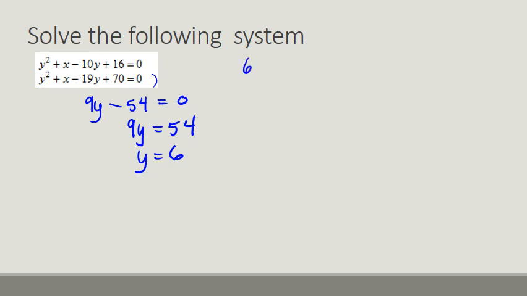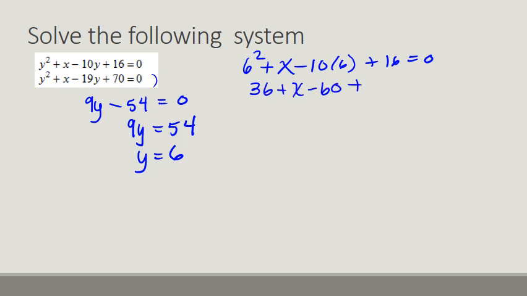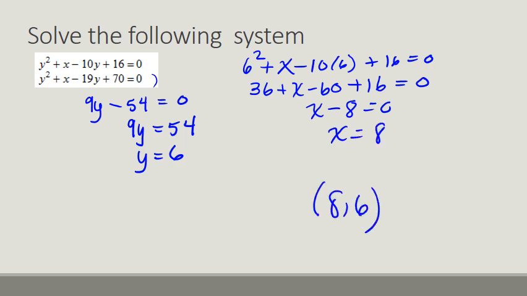So I get 6 squared if I put it in the first one, plus x minus 10 times 6 plus 16 equals 0. So 36 plus x minus 60 plus 16 equals 0. If I combine my like terms, I'm going to get x minus 8 equals 0. So x equals 8, and my solution is 8 and 6.